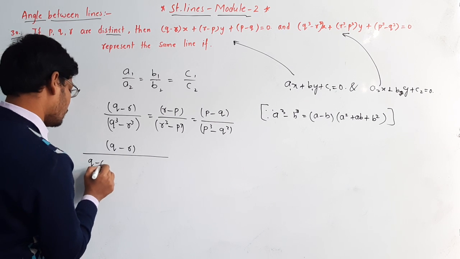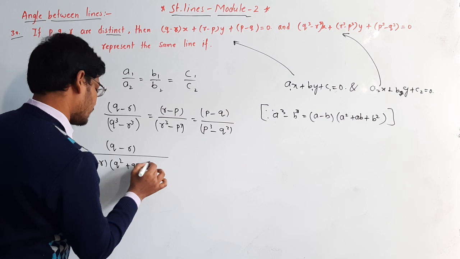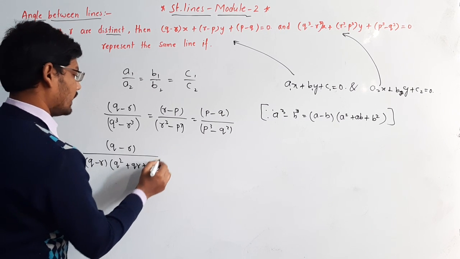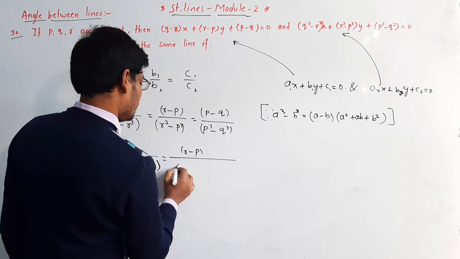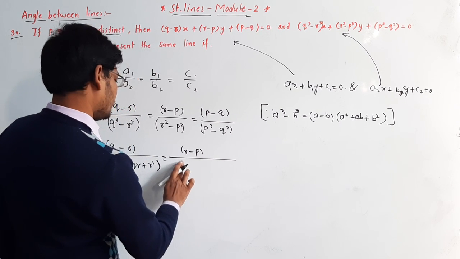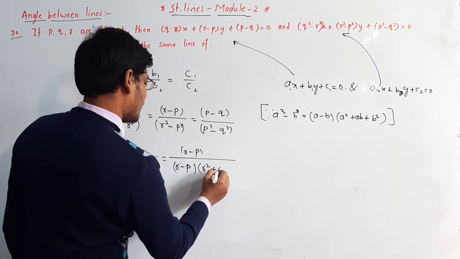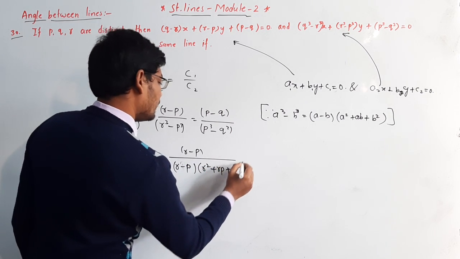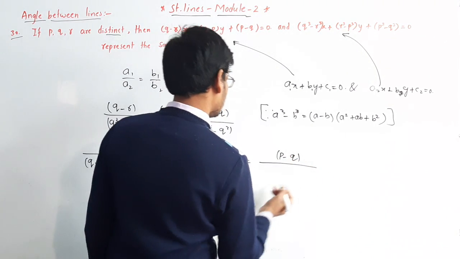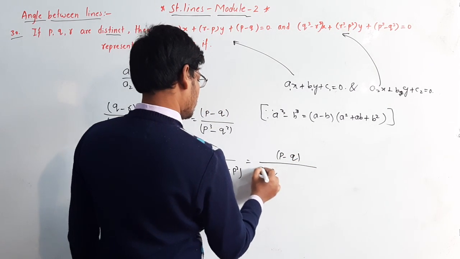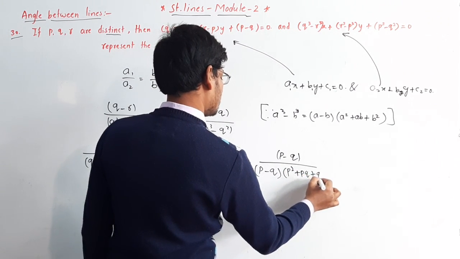It will become q minus r into q square plus qr plus r square, and similarly you can write this one also, r minus p into r square plus rp plus p square, and similarly, p minus q into p square plus pq plus q square.